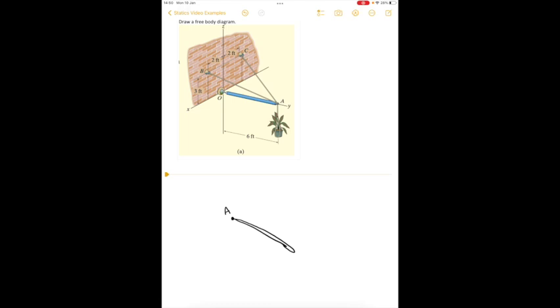A ball and socket joint has no moment, but it is restricted in the X, Y, and Z directions. So it means we have to draw a reaction force. And sorry, this is point O, not point A. Then we'll call them OX, OZ, and OY.